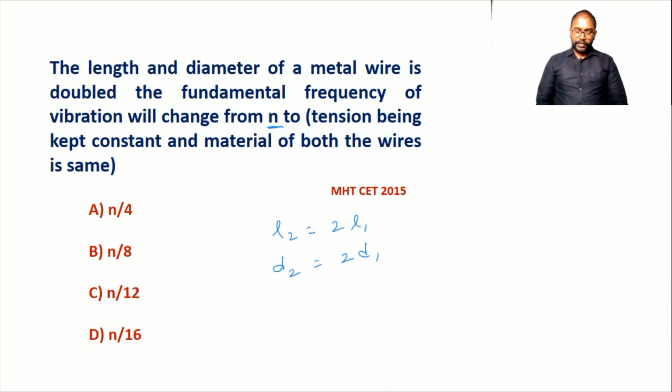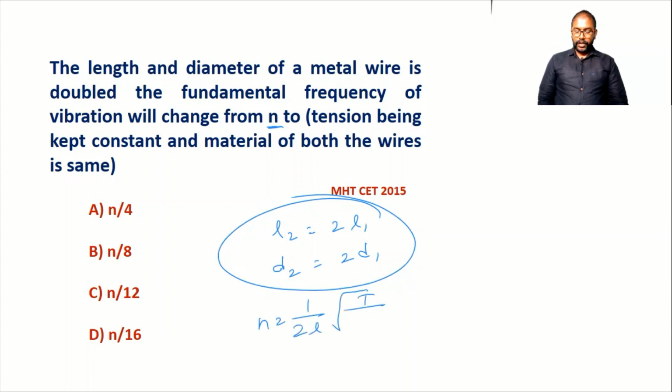Diameter double means radius double. So the fundamental frequency is given by the formula 1 upon 2L under root T by M. That M I can write as pi r square rho. So this is the formula. Now here, what did they change? They changed the length and diameter, meaning length and radius. So here N is proportional to.